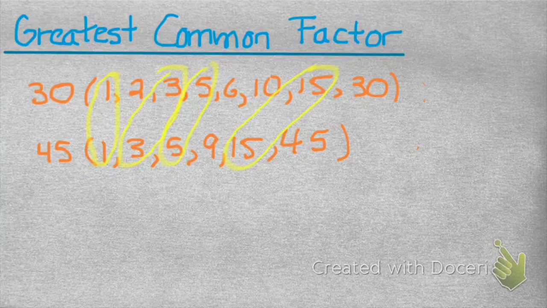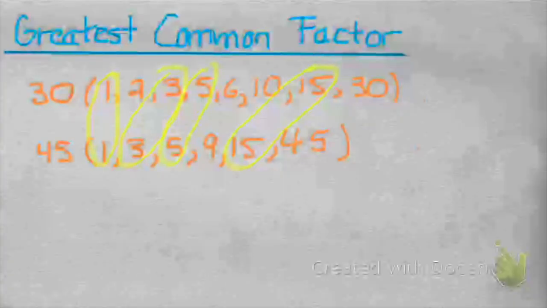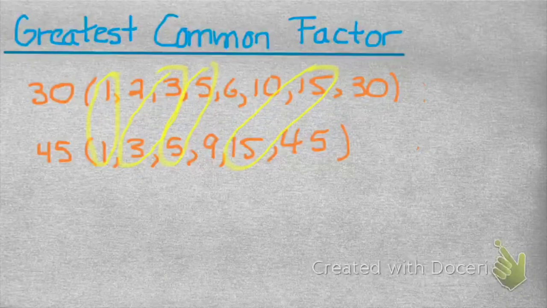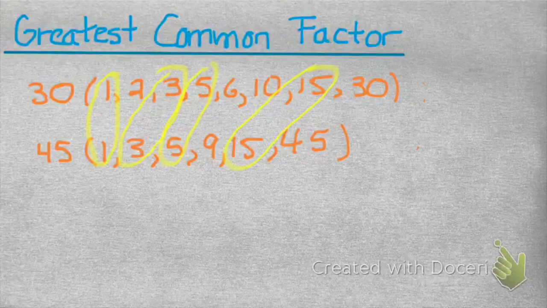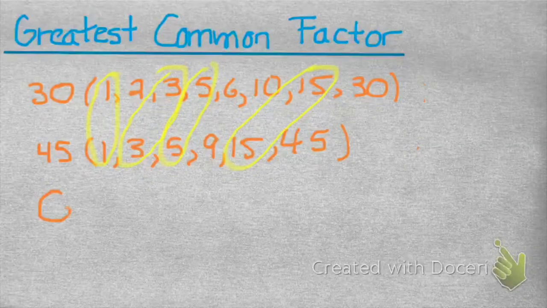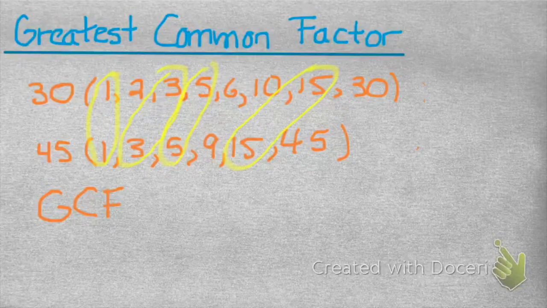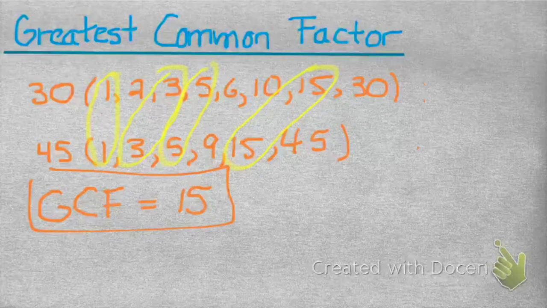We have a lot of factors that they have in common. When we're talking about finding the greatest common factor, we look at all of these numbers and find which one is the highest. So we would say that the greatest common factor, and from now on we're going to say GCF, of 30 and 45 is 15. That is their greatest common factor.